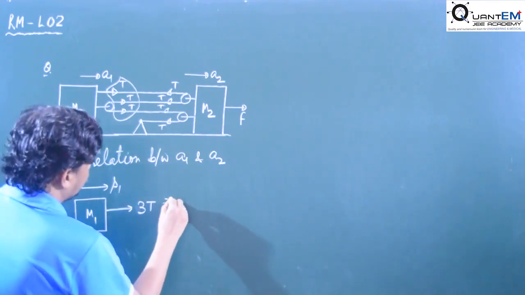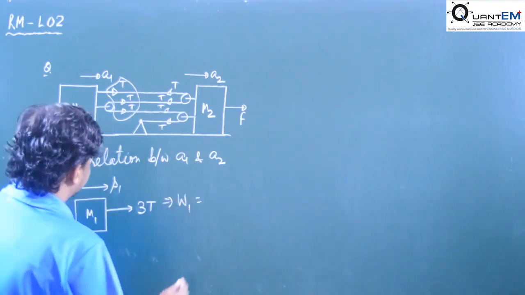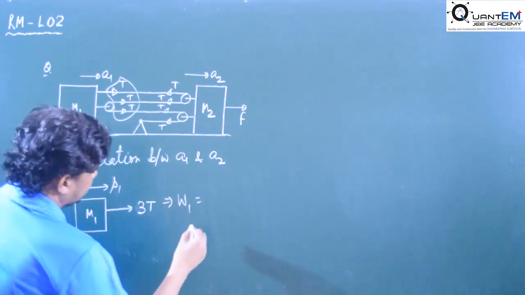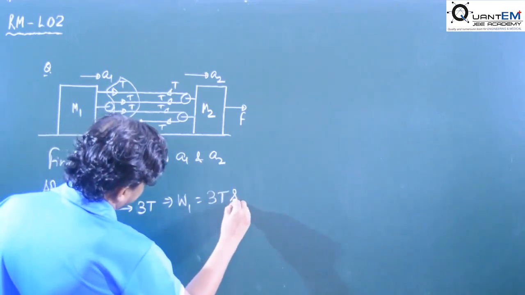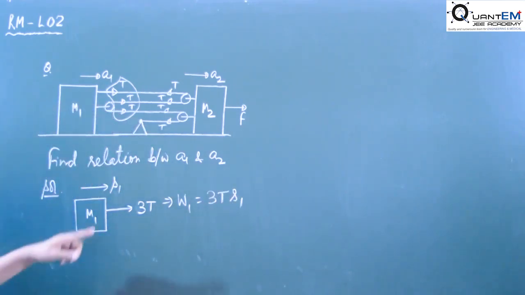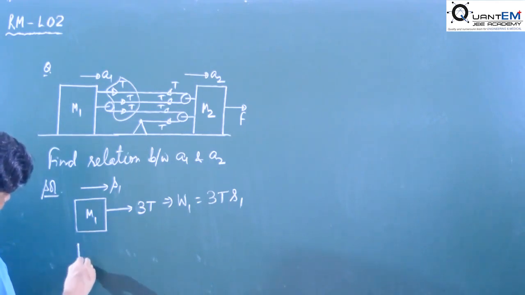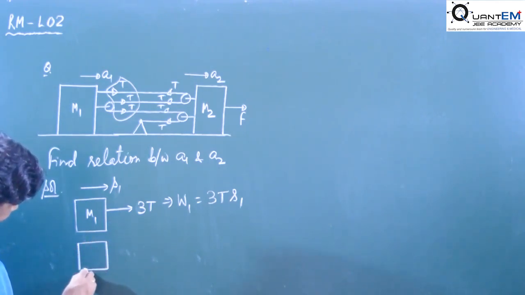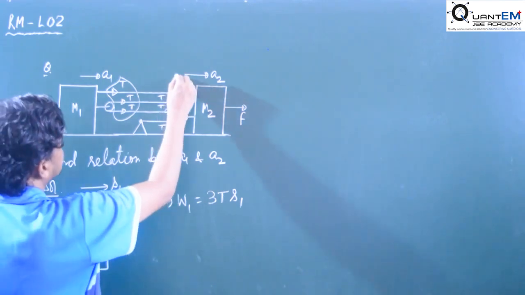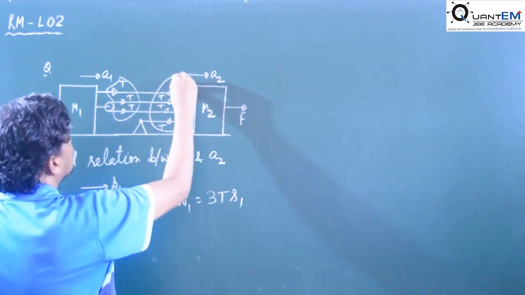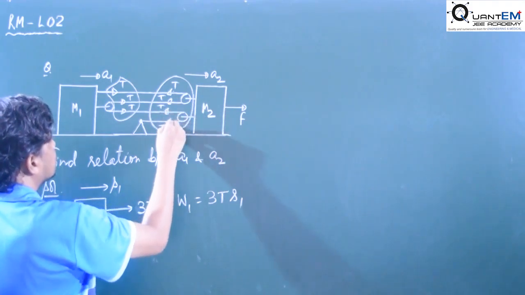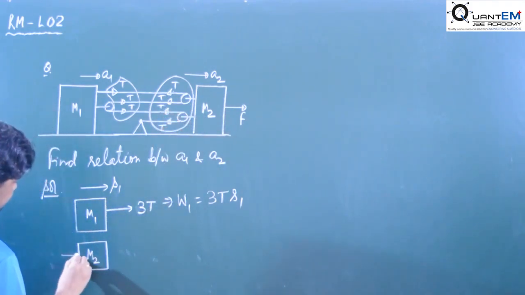So what is the amount of virtual work here? Tension and displacement are in the same direction, so that is 3T S1. Now we move to the second mass, M2. Tension we have say 1, 2, 3 and 4. It is what?